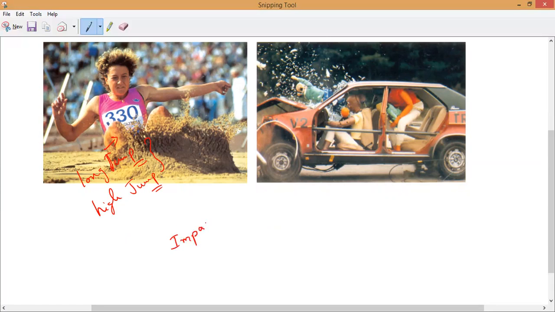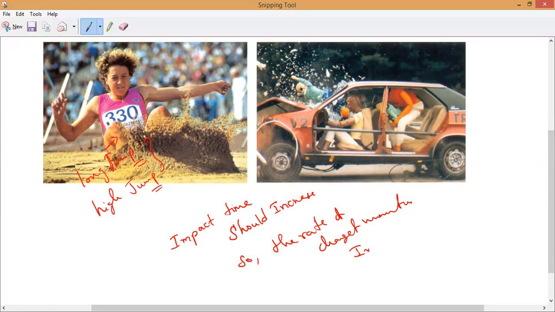So what will happen? The rate of change of momentum will decrease. So the force exerted by the ground on our hands or legs will decrease.